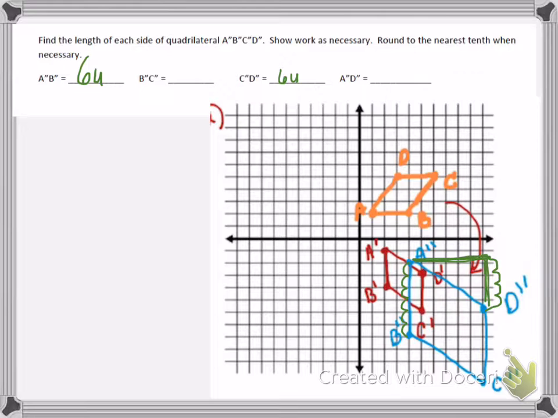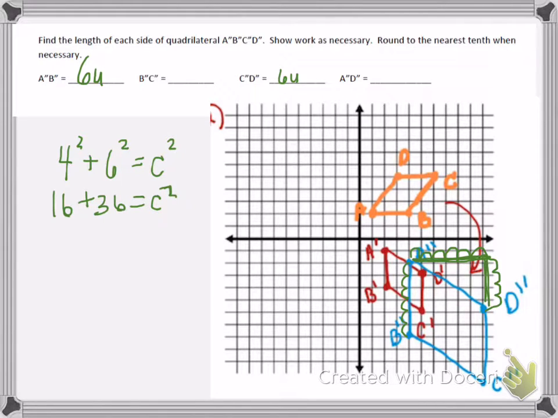And so I can see that that's going to be 4 squared plus a length of 1, 2, 3, 4, 5, 6 for my other side of the right triangle. And I can find the hypotenuse there. 4 squared is 16, 6 squared is 36.